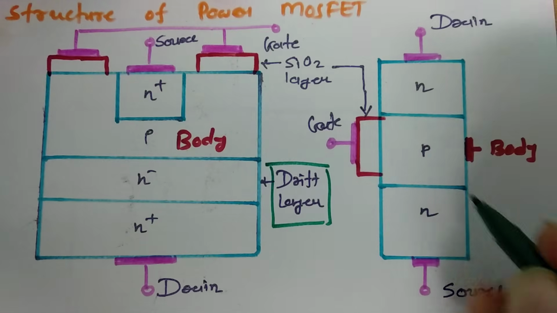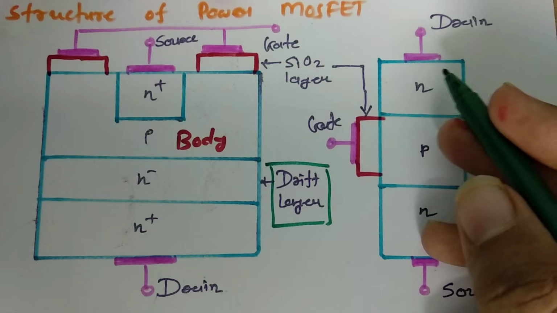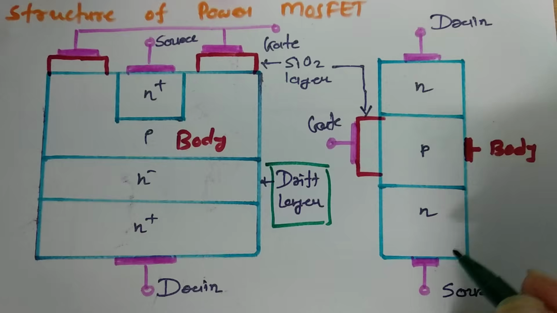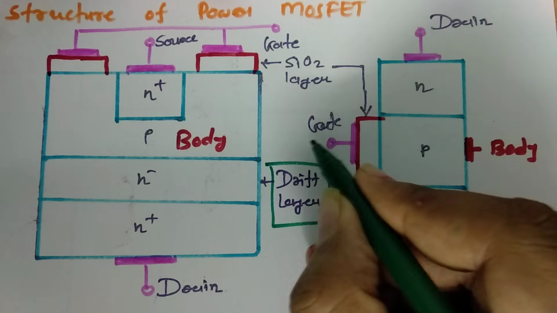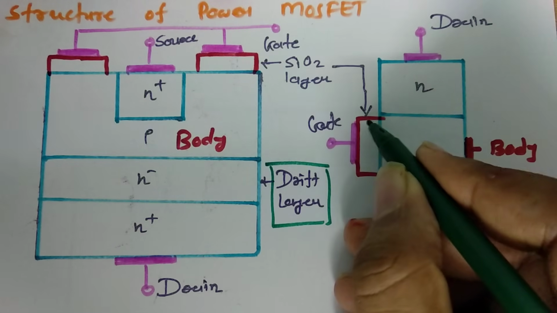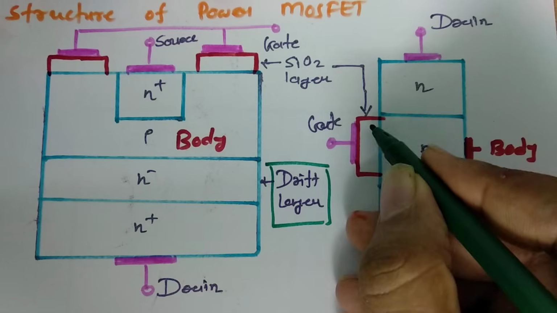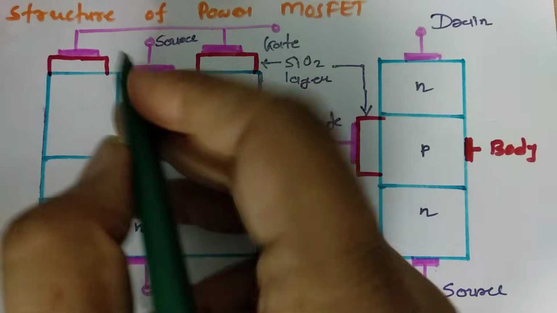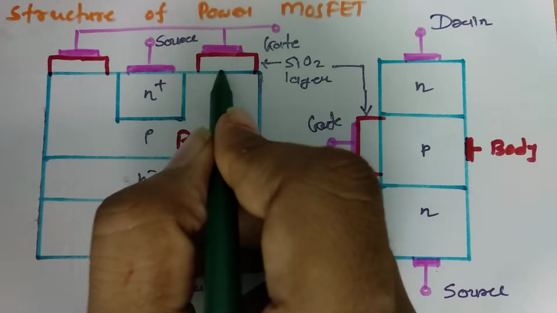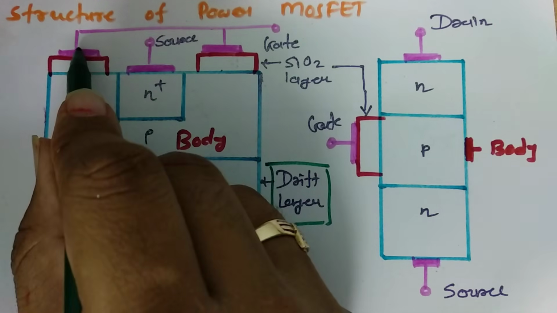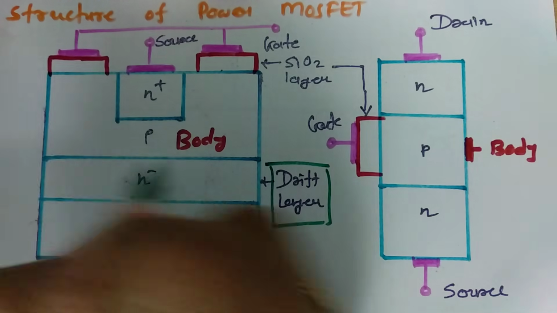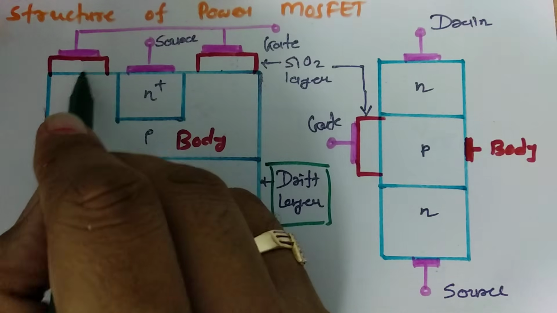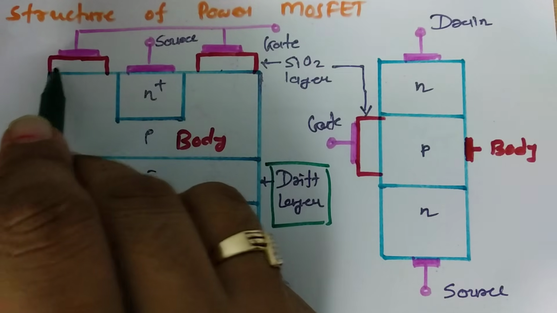In this slightly simplified diagram of power MOSFET, drain and source are directly connected to N type material, and gate is connected to an SiO2 layer. This is what creates capacitance. One can see here that gate is not directly connected to the p-type layer. It is connected with a very thin SiO2 layer.